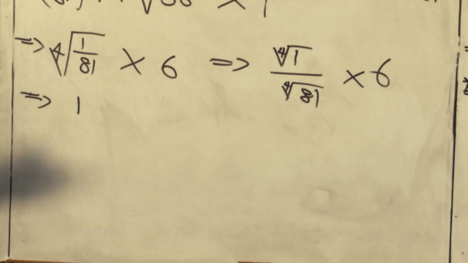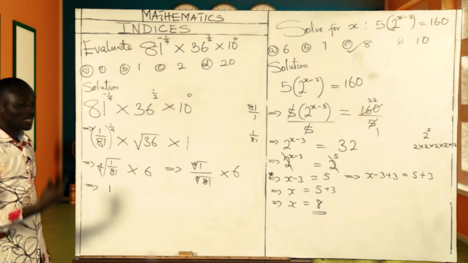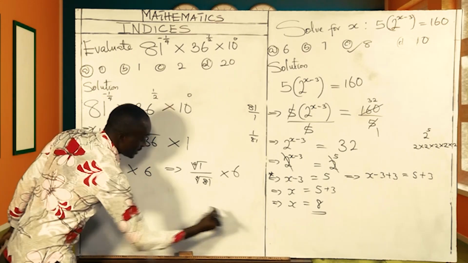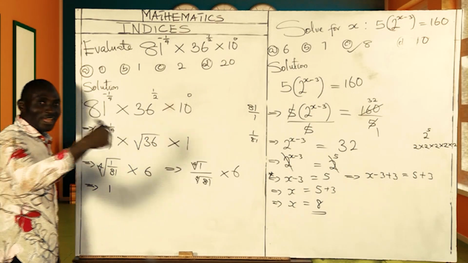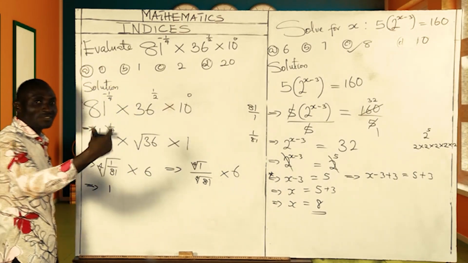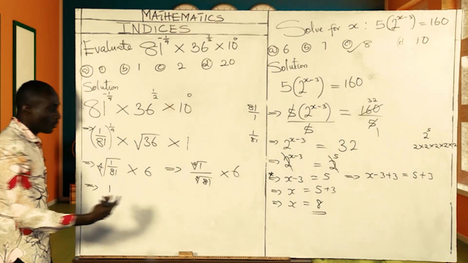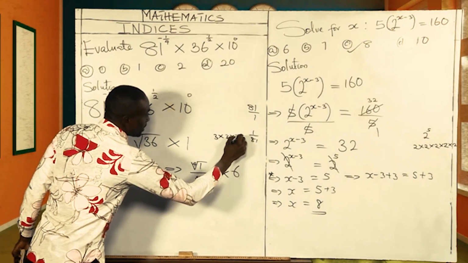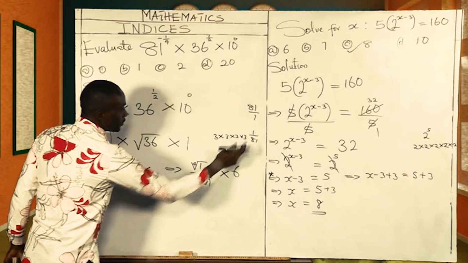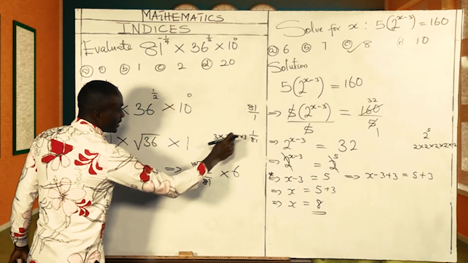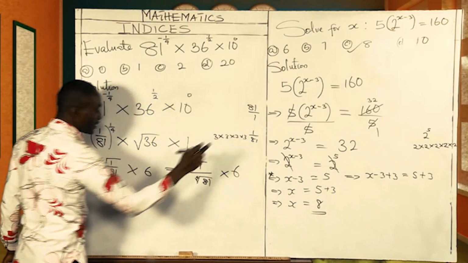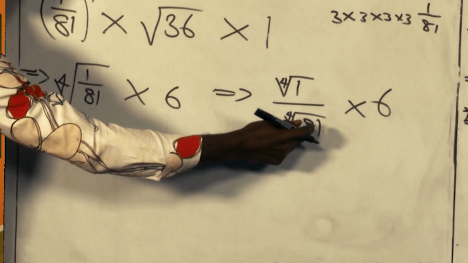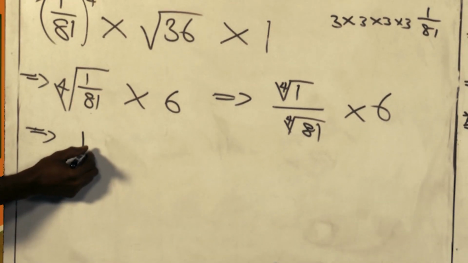That number is 3. 3 times 3 is 9. 9 times 3 is 27, and 27 times 3 will give us 81. 3 multiplied by 3 multiplied by 3 multiplied by 3, 1 2 3 4. So it means 4th root of 81 is 3.